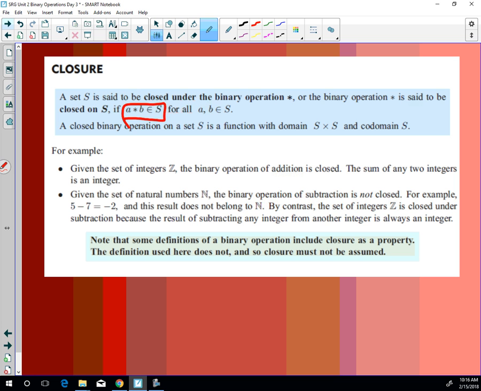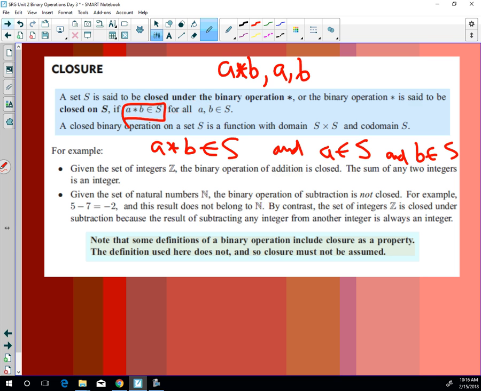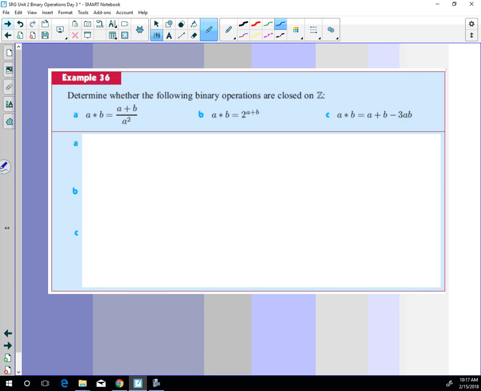They say that closed on S means that A star B is an element of S, and A is an element of S, and B is an element of S. That's what closure means. All 3 of these have to be taking place to be closed.